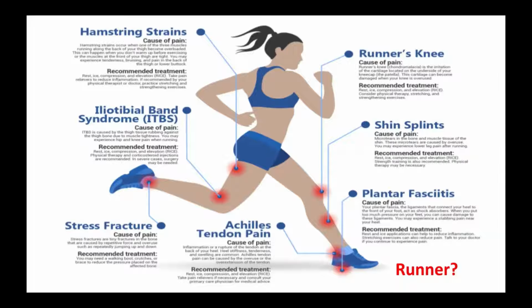The problem is, let's talk about the lower body, because it tends to be used a lot more than in most other sports. Generally, typical symptoms of sports injury are going to be hamstrings, IT bands or iliotibial band syndrome, right?